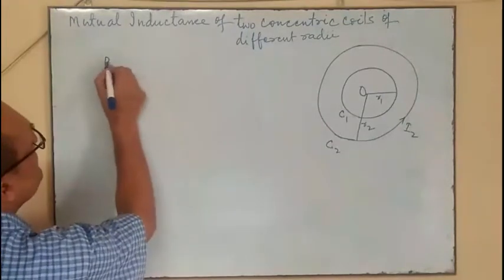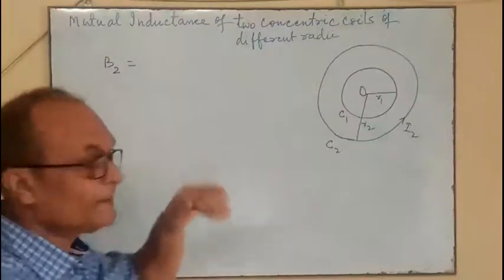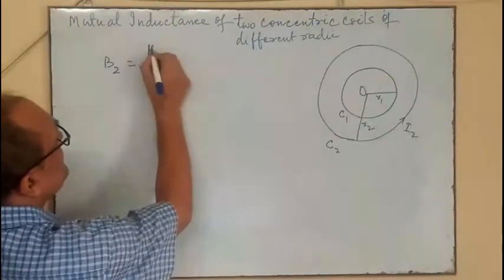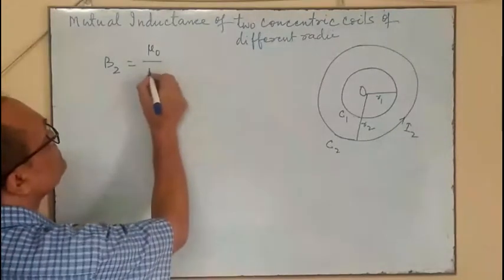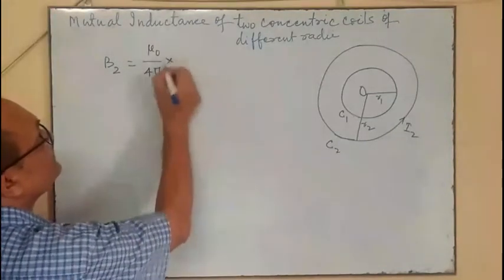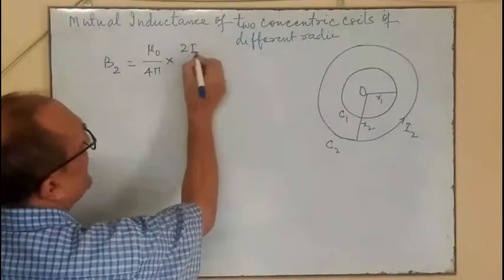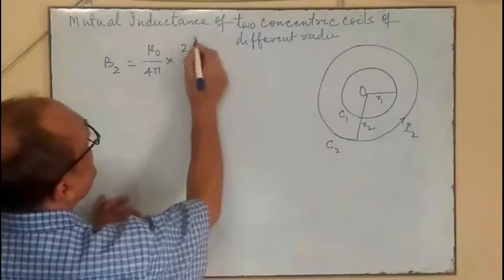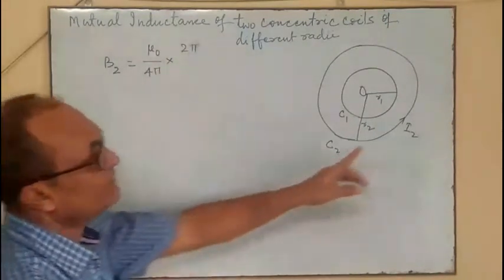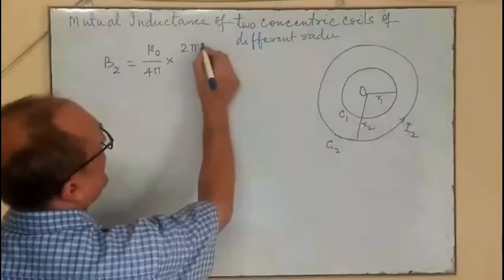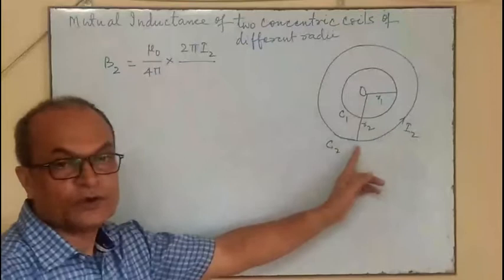B2 equals, remember the formula, mu naught by 4 pi into 2 pi into the current flowing through this, I2, by the distance from here to here.